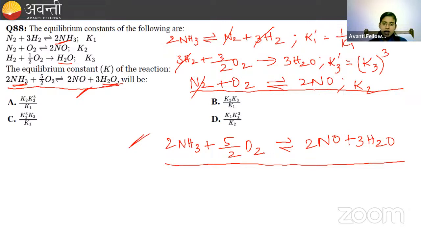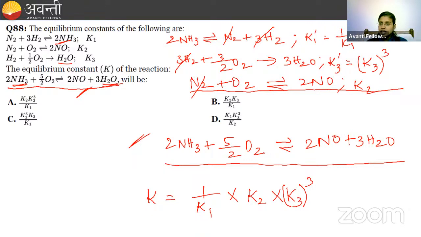Since I'm adding the equations, the new equilibrium constant will be 1 by K1 into K2 into K3 cube. If I am adding, then I have to multiply the equilibrium constants. This is the property, right? If I am reversing an equation, I have to take the reciprocal.